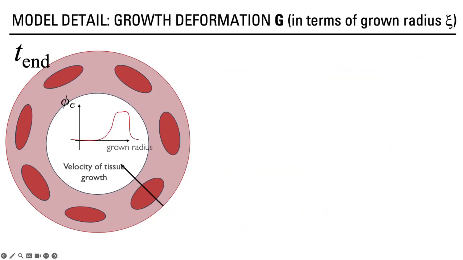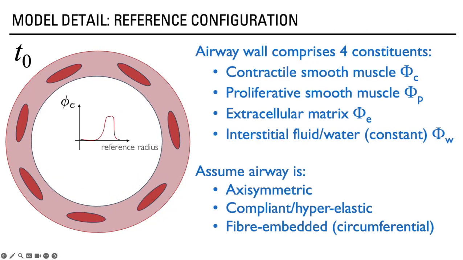Okay, so the other thing I should say is that we're going to model the growth of the airway and the elastic deformation of the airway, and we're going to use a standard thing called a multiplicative decomposition, where we have a growth deformation and an elastic deformation.